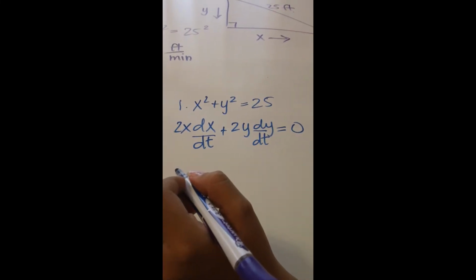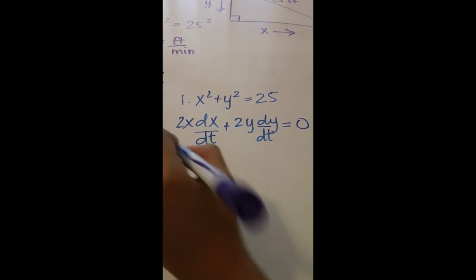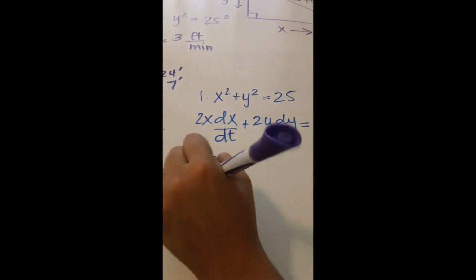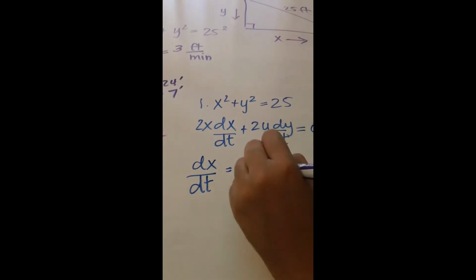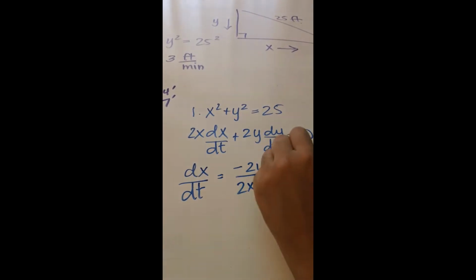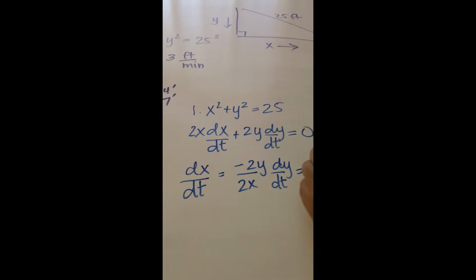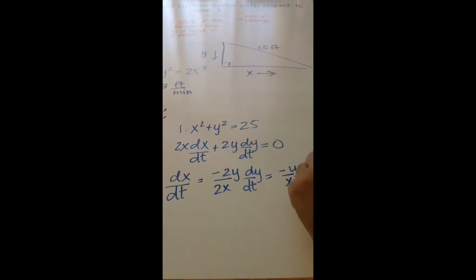Let's get dx/dt by itself. So dx/dt will equal negative 2y divided by 2x times dy/dt, which will then simplify to negative y over x times dy/dt.